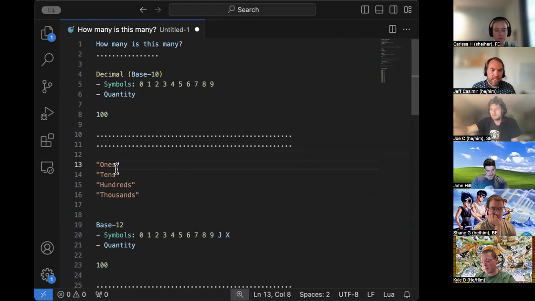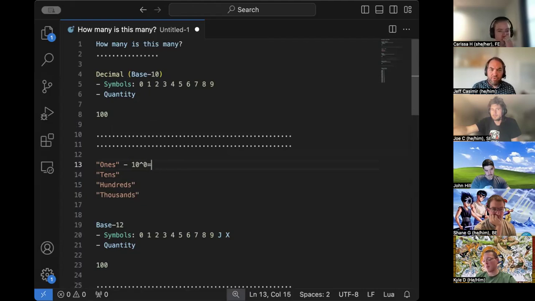You're like, well, yeah, the meaning is like the ones place means one and the tens place means 10. Like, yeah, I follow you. But why 10, why 100, why 1,000? The reason is that the ones place is the base, in this case 10, to the power zero.